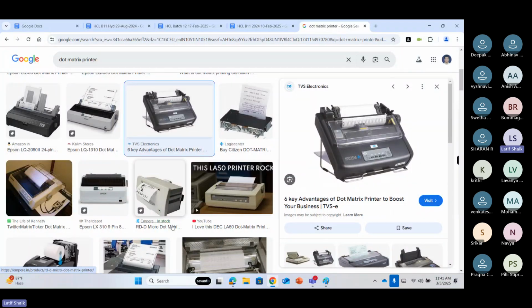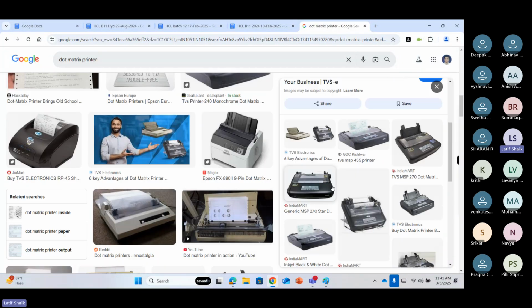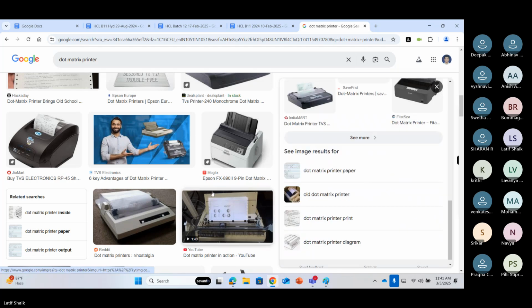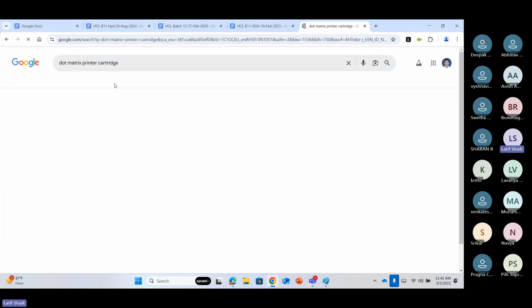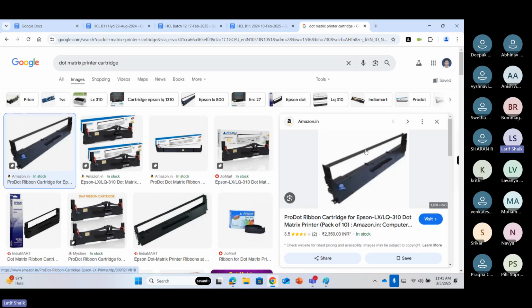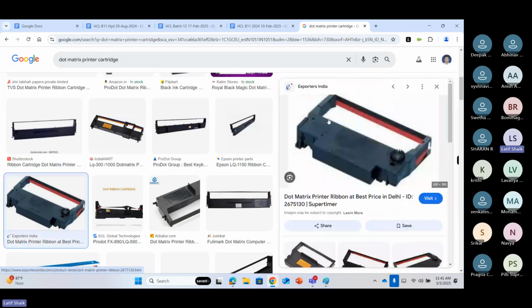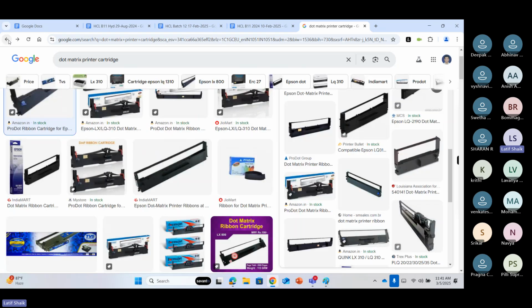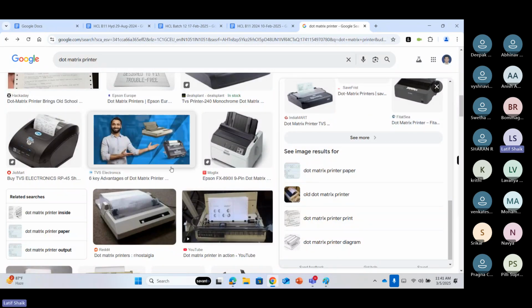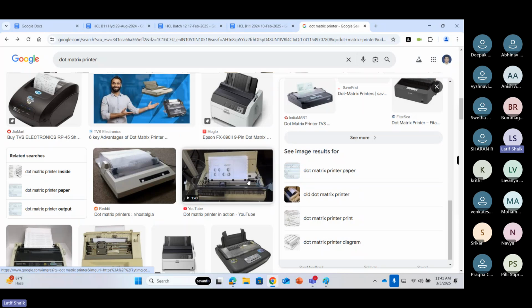This is the header. I want that cartridge. Yeah, here it is, the cartridge. This is the colored ribbon. These pins put pressure on this ribbon, and that color is applied on the paper, and the paper rotates from bottom to top. The paper comes from the backside to the top to print.